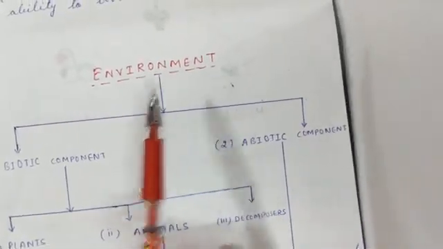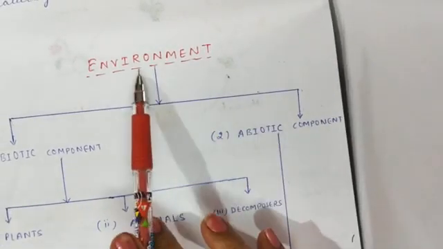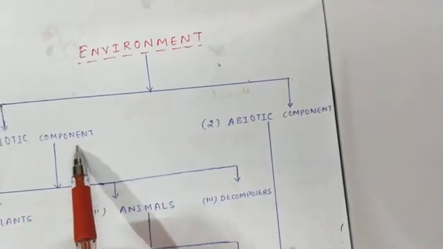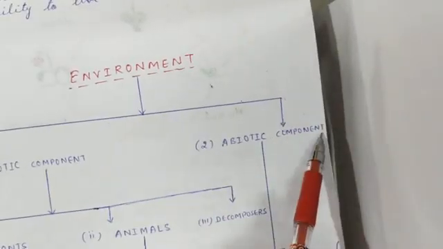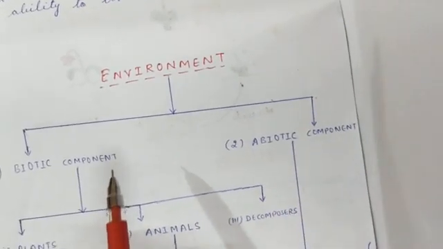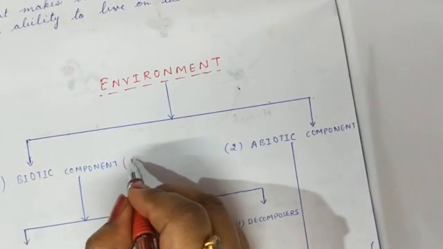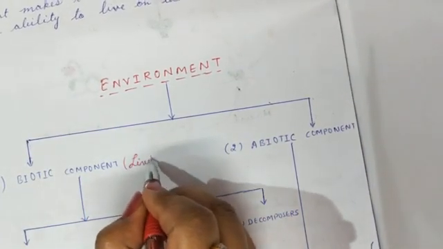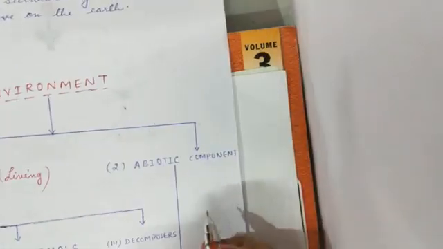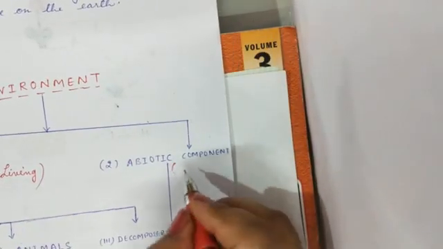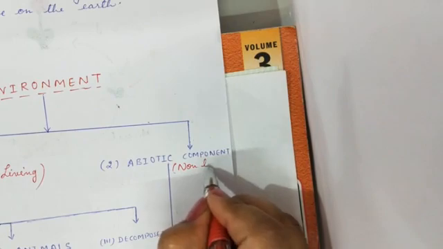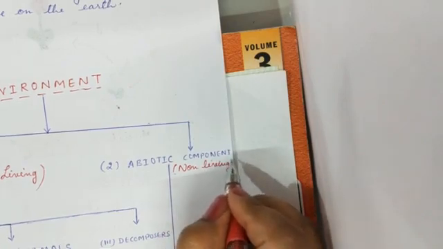So there are two components of environment, biotic component and abiotic component. As I just told you, biotic components are the living components and abiotic components are the non-living components.